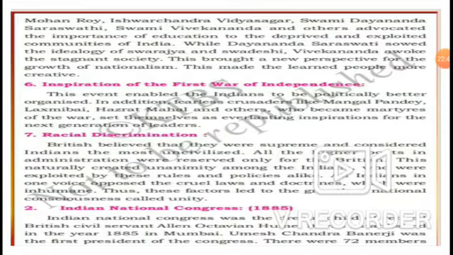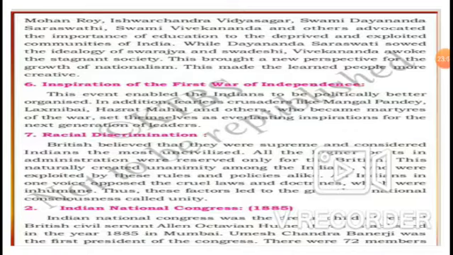Indians were exploited by these rules and policies alike. All Indians in one voice opposed the cruel laws and doctrines which were inhuman. Thus these factors led to the growth of national consequences called unity. What did the British rulers think?